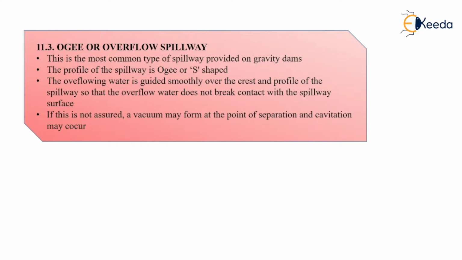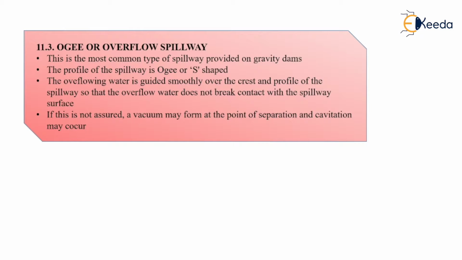This flow will take place, but in that type also, the siphonic action totally depends upon the head that you are going to provide. If some difficulties arise during the flow of water in the siphon, then the water will get clogged at one section of the siphon pipe, and the flow will not occur properly. So this is the main disadvantage of the siphon spillway.